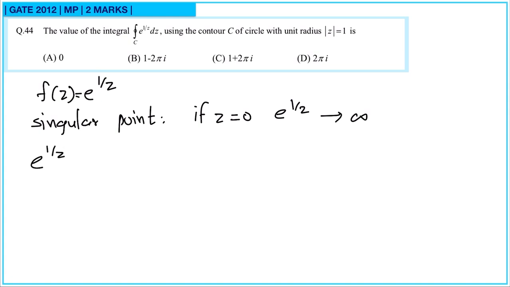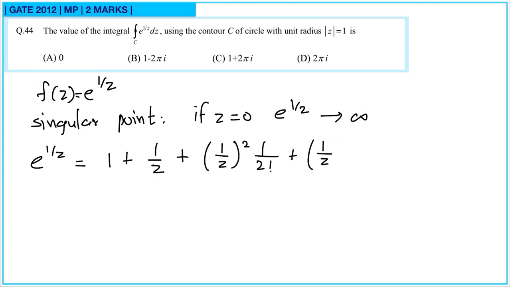And this e raised to 1 by z can be written as 1 plus 1 by z plus 1 by z square into 1 by 2 factorial plus 1 by z cube, 1 by 3 factorial, and so on. This is expansion of e raised to x. Now residue at z is equal to 0 is coefficient of 1 by z, and coefficient of 1 by z is 1.